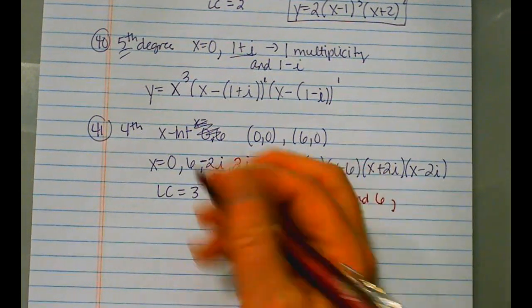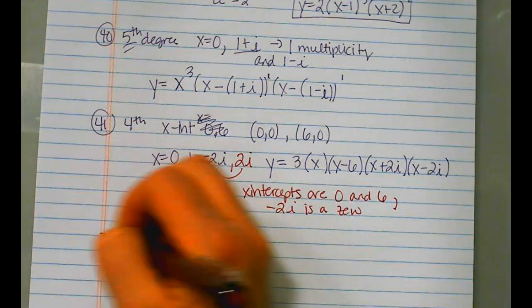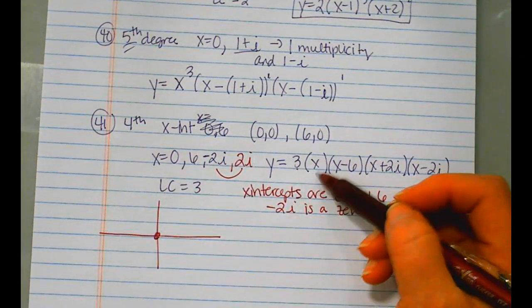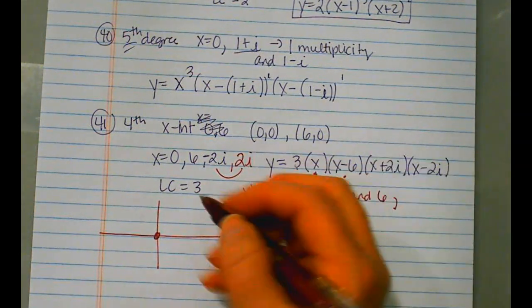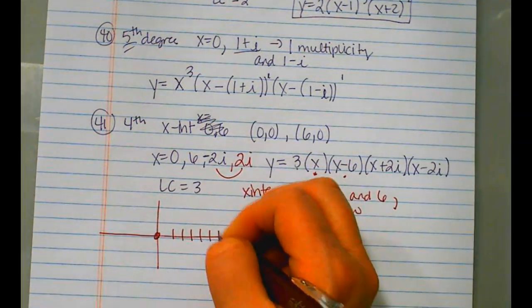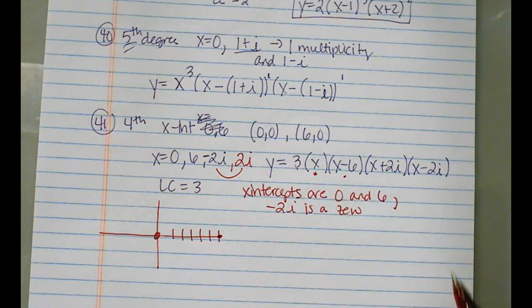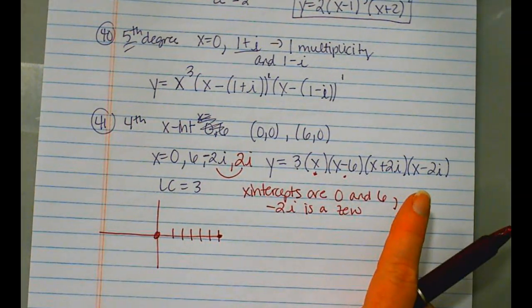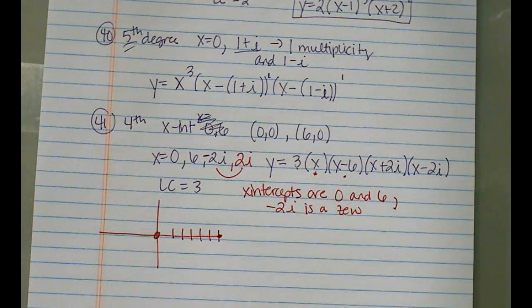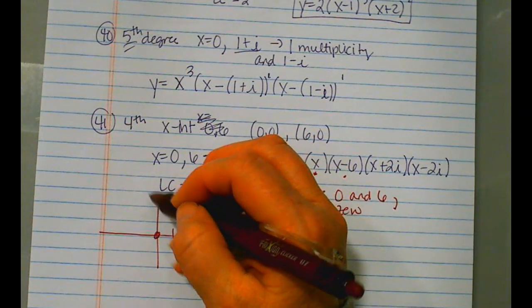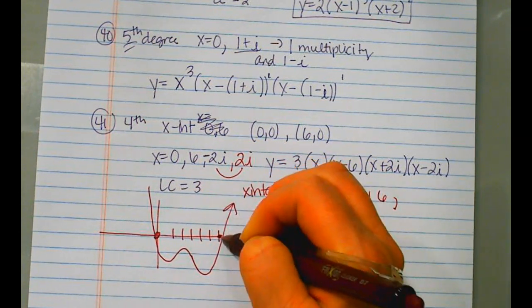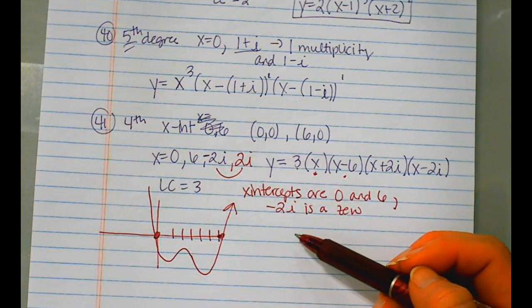So what that means is that this fourth degree one, if we graphed it, it would have a value at 0 for this one. It would have a value at 6, 1, 2, 3, 4, 5, 6. And then I don't know exactly what it does. I mean, I could graph it in a calculator. I could multiply it out and have a better idea of what it does after that. But it means it's going to have some other wiggle in here that doesn't cross the x-axis.